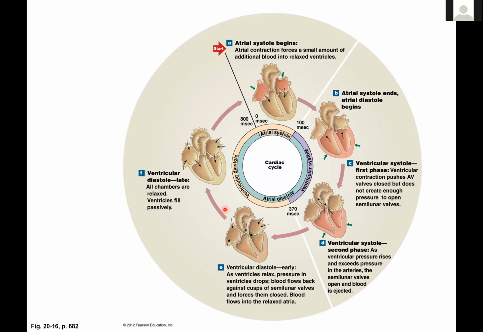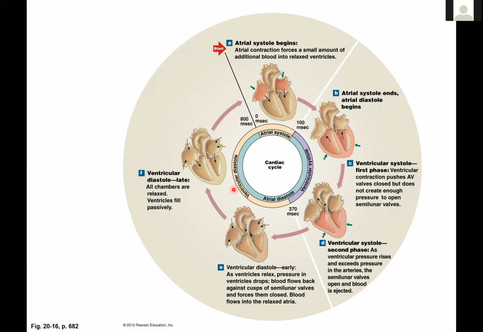All right, and then if we go back up here, once the pressure in the ventricles falls low enough that it's less than that in the atria, then all of the atrioventricular valves, anyway, open. So blood is going to be passively flowing via venous return into the atria, but not staying in the atria, it's also flowing into the ventricles.